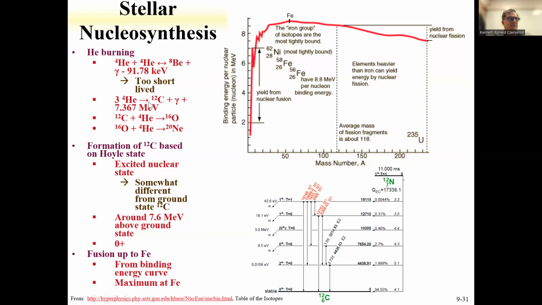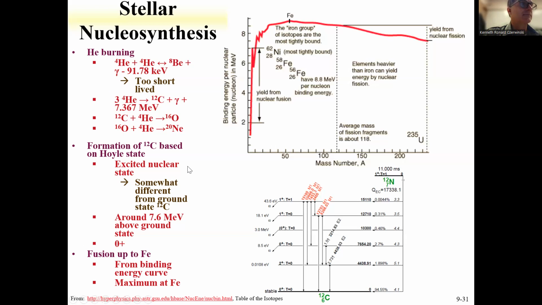If 3 helium nuclei fuse together instantaneously, you can make carbon-12, and there's a lot of energy with this system, 7.4 MeV above the ground state.